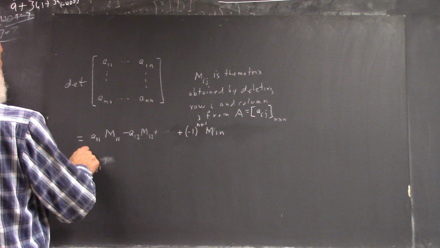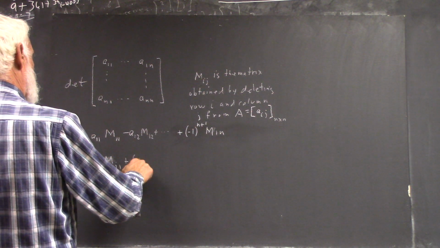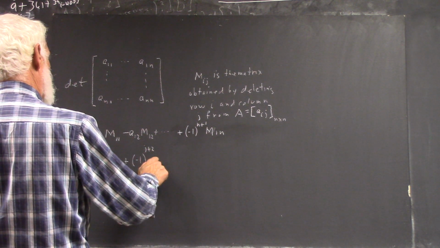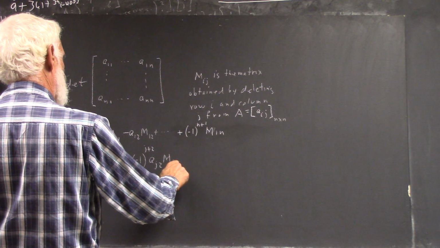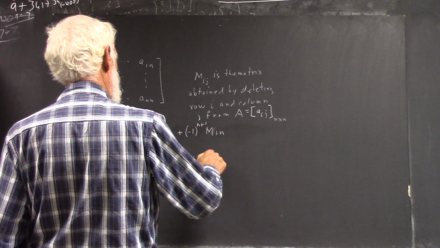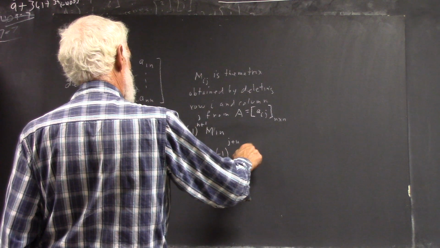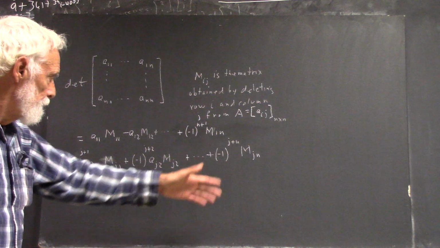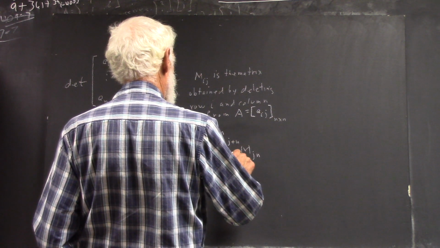Negative 1 to the J plus 1, then it's M J1, plus negative 1 to the J plus 2, A J2, M J2, okay? Now what's this mean? Where are AJ1, AJ2, and I left off AJN.